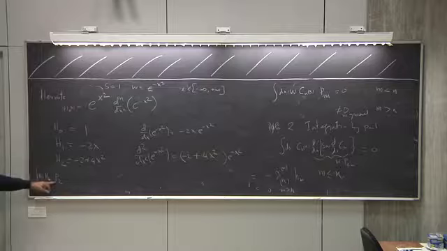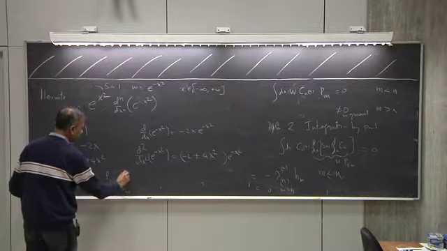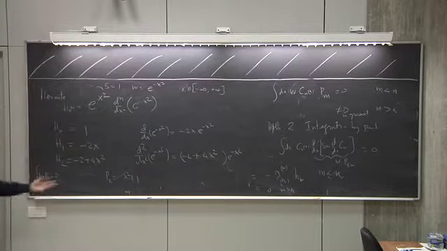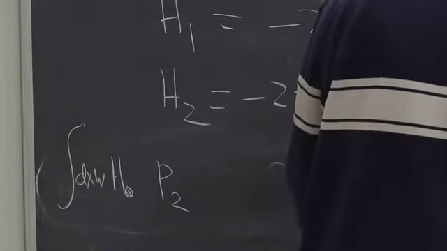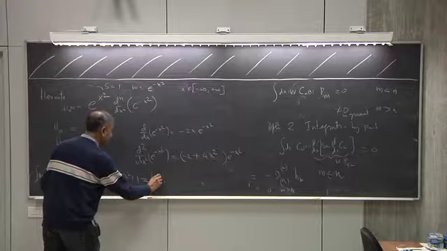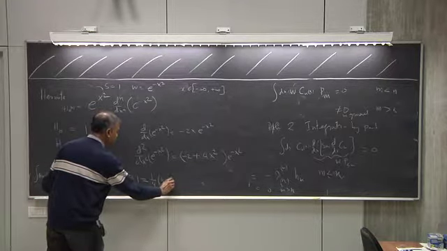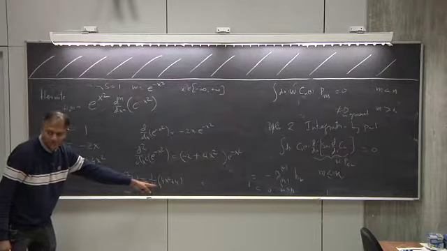You can see already from here. Suppose I take the polynomial P2 to be, I don't know, x square plus 1. Just take the simple case. Then I can write x square plus 1 as 1/4 times 4x square plus 4. I didn't do anything, I just multiplied and divided by 4.